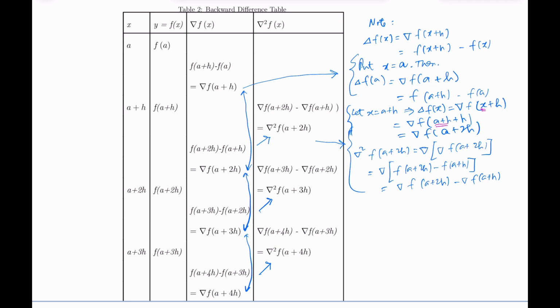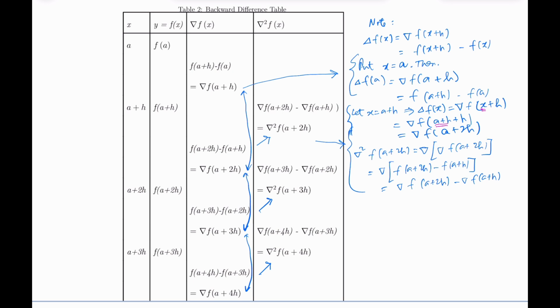And this is equal to f(a+h) minus f(a). So this is written here. Clear? Similarly, the first order backward difference of these two terms is f(a+2h) minus f(a+h). And this is written as first order backward difference f(a+2h).